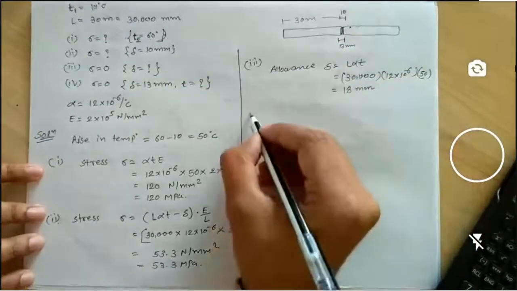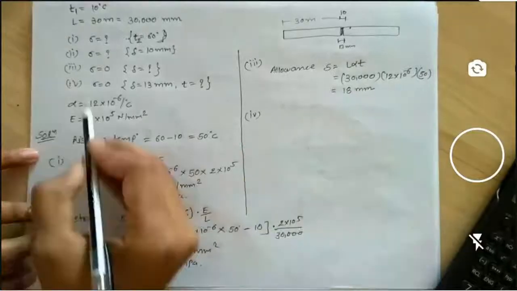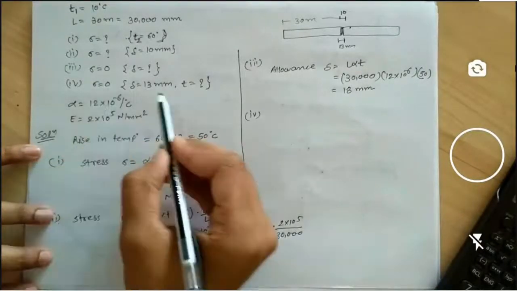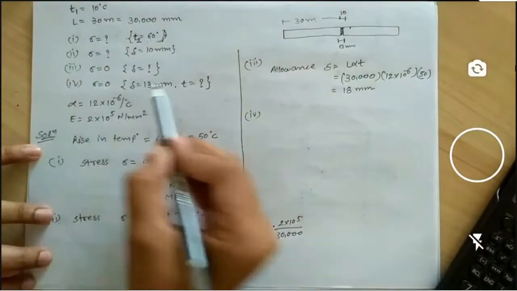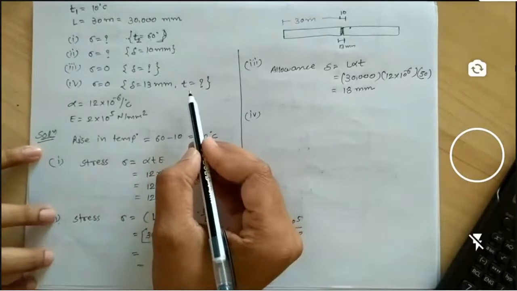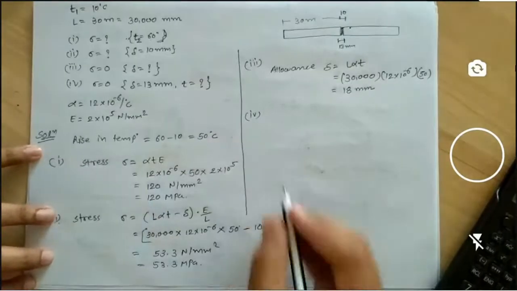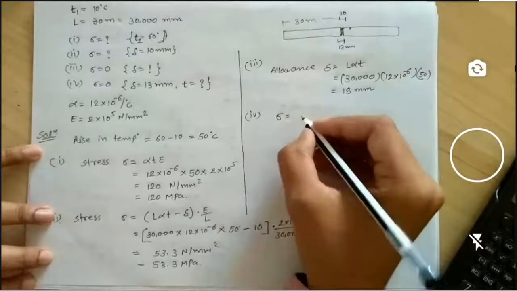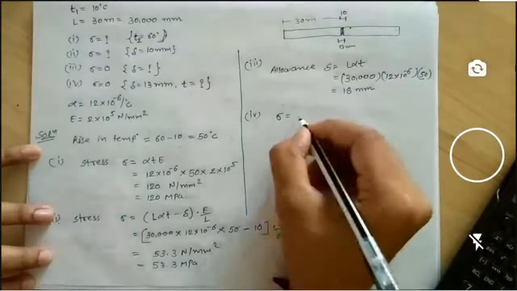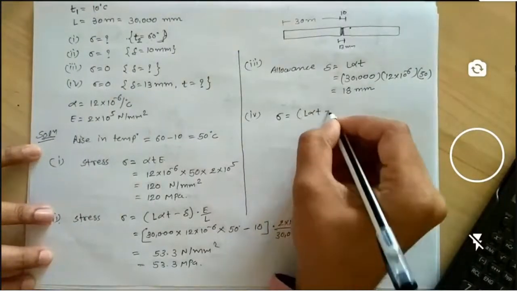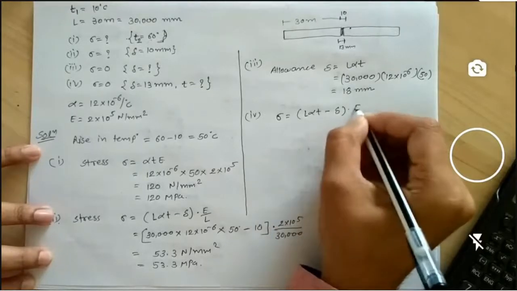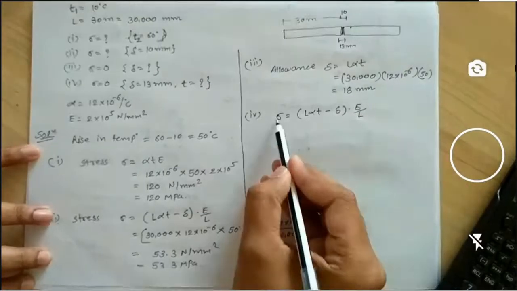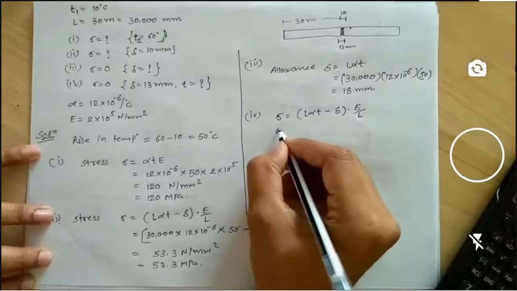Now consider the fourth case: the stress is 0 and we provide delta of 13 mm, so what temperature change is allowed? The stress is given by this equation, L alpha T minus delta, E by L. Here we require the stress to be 0, so put stress as 0.